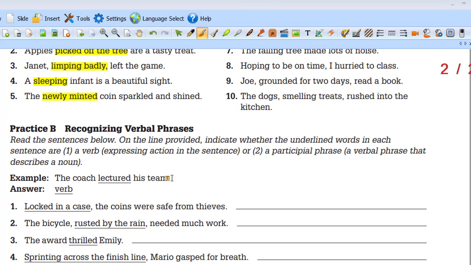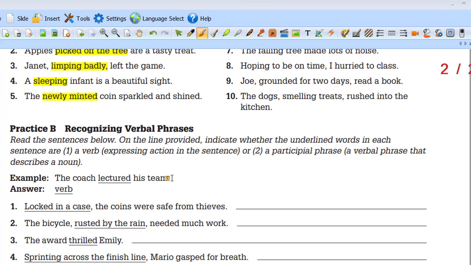Here, the exercise on the line provided: indicate whether the underlined words in each sentence are a verb expressing action. You have to tell me if it's a verb, an action verb, or a participial phrase, a verbal phrase that describes a noun. In other words, it's a verb, but it's not used in the sentence as an action verb.